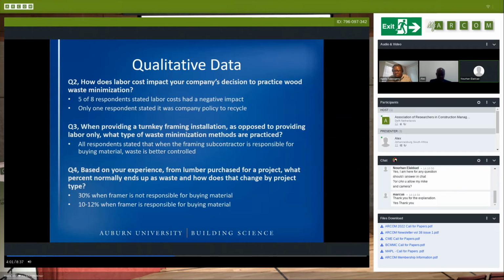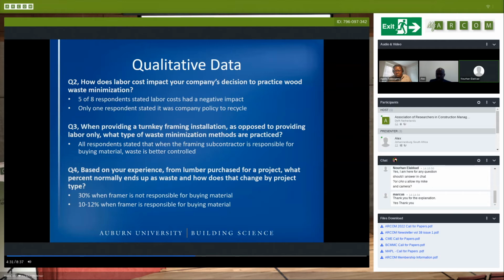So questions 3 and 4 kind of go hand in hand. When providing a turnkey framing installation, as opposed to labor only, what type of wood minimization methods are practiced? Every respondent stated that when the framing contractor is also responsible for buying material, waste is better controlled, simply because the people who are installing material have an economic interest in minimizing waste.